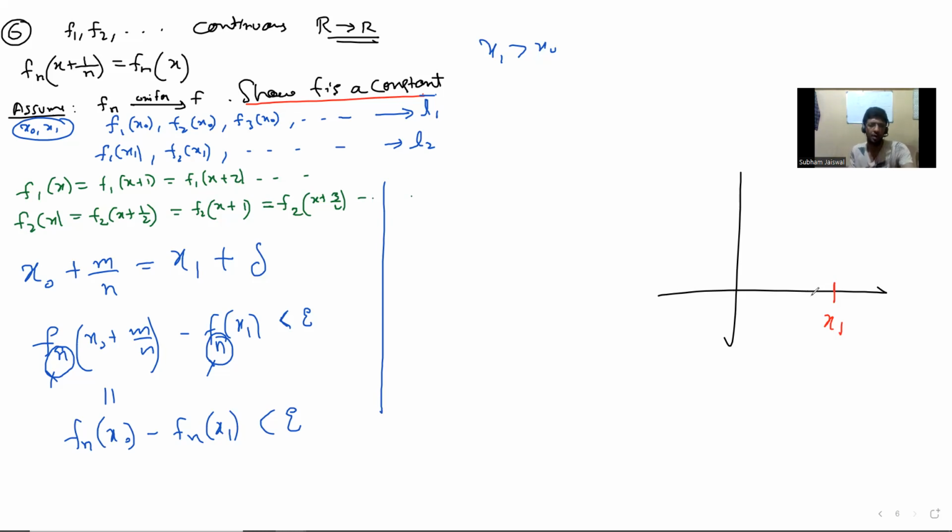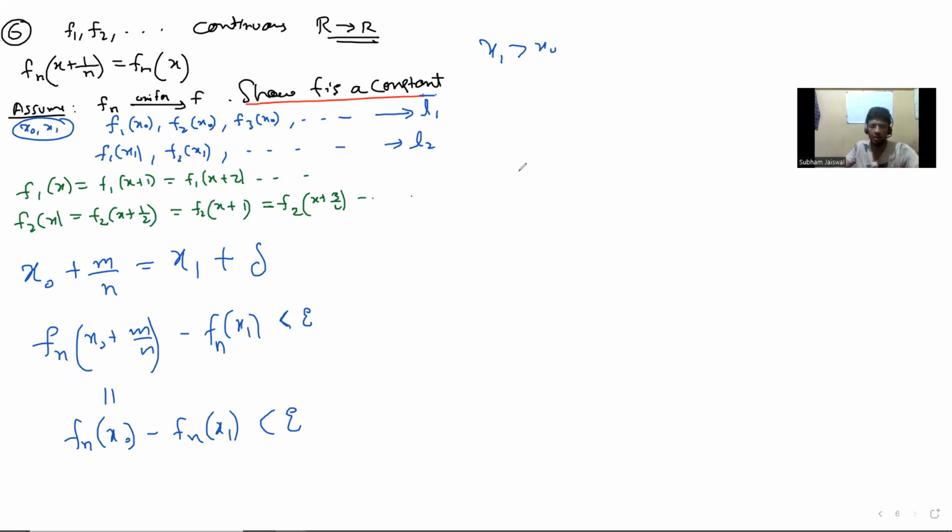right? So if one has to say this honestly, we start with this epsilon, right? And we want this, right? And so you want this minus this to be less than epsilon.